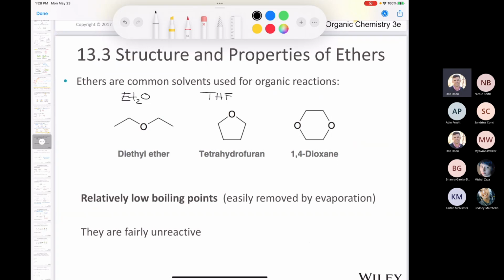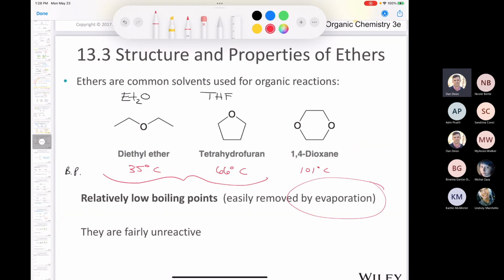If you compare the boiling points of these compounds, the boiling point of diethyl ether is 35 degrees Celsius, THF is 66 degrees Celsius, and dioxane is 101 degrees Celsius. The reason why I told you these two are even more popular than dioxane is because their boiling points are low enough that they can be removed by evaporation.